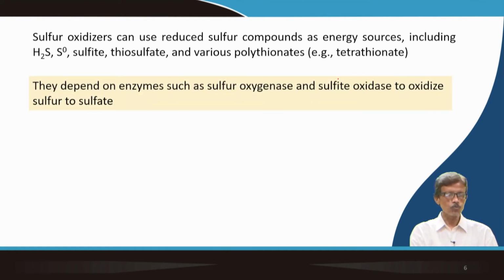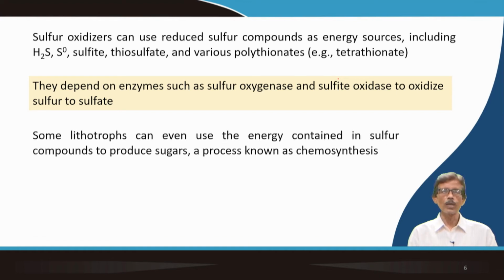If you have the reduced form in your hand, you can go for oxidation, that means sulfur oxidizers are there. Oxidation can take place on the sulfur atom if it is sulfur 0. So, some enzymes can come, such as sulfur oxygenase. It is not oxidation only, it is an oxygenation reaction, that means you can put in some oxygen or have some new sulfur-oxygen bonds, and sulfite oxidase to oxidize sulfite finally to the sulphate.